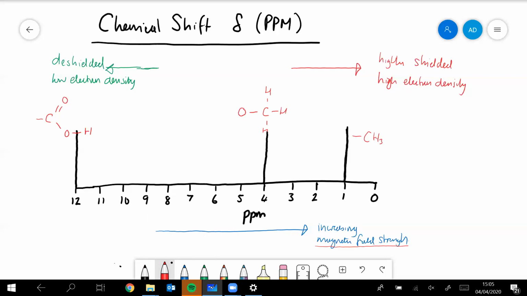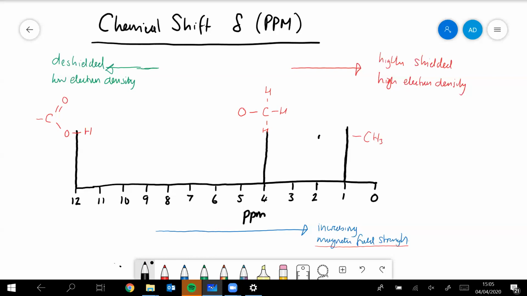That oxygen could be part of an ester, or part of an ether, or it could be an alcohol. But whenever you have these hydrogens attached to a carbon which is directly attached to an oxygen, that's typically about 4.